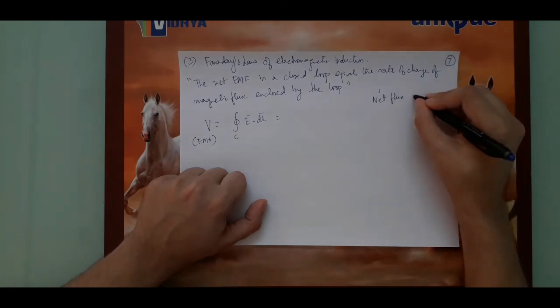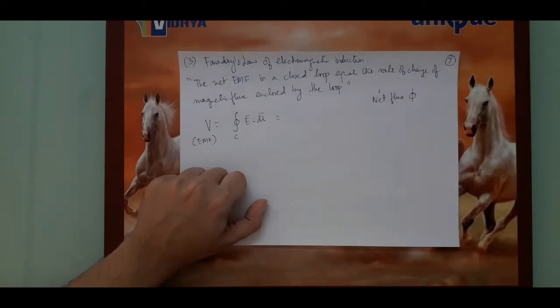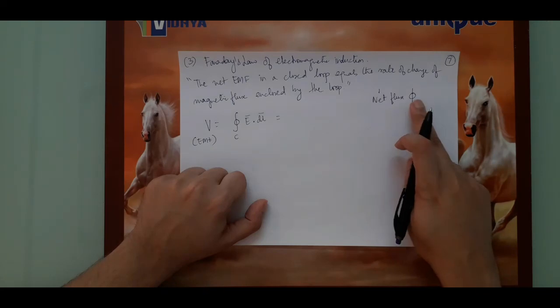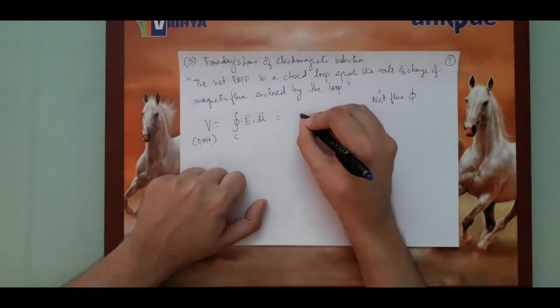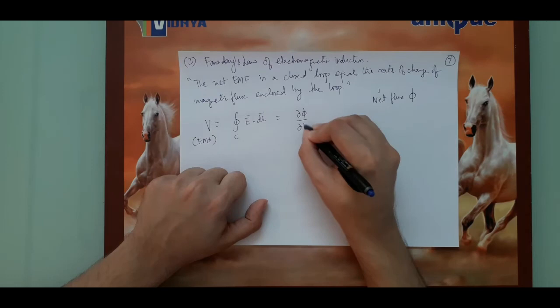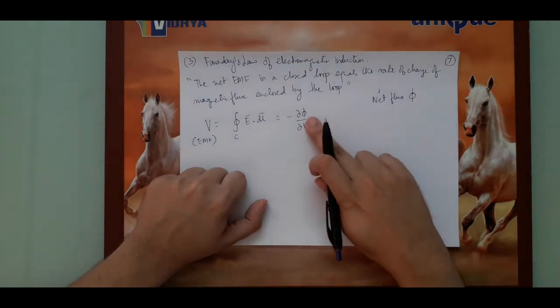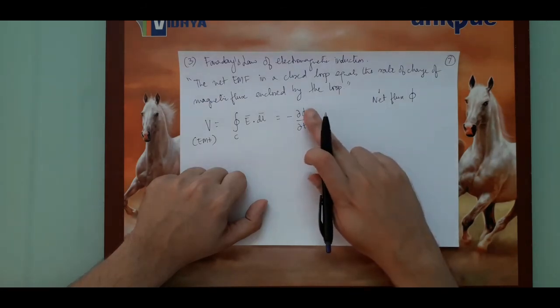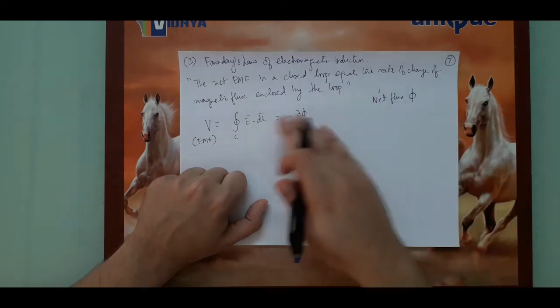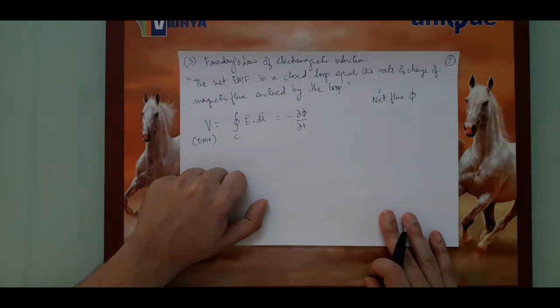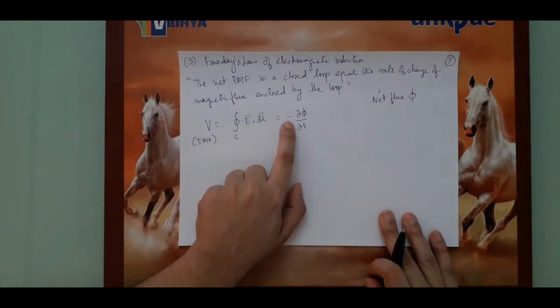If you recall, the net flux is denoted as phi. Rate of change of flux means now the phi will be differentiated with respect to time in the form of a partial derivative, because phi can be a function of x, y, z and time, because now the nature of the magnetic flux has to be such that it has to be time varying. Otherwise, there will be no EMF induced. Also, there will be a minus sign because of something called Lenz's law.